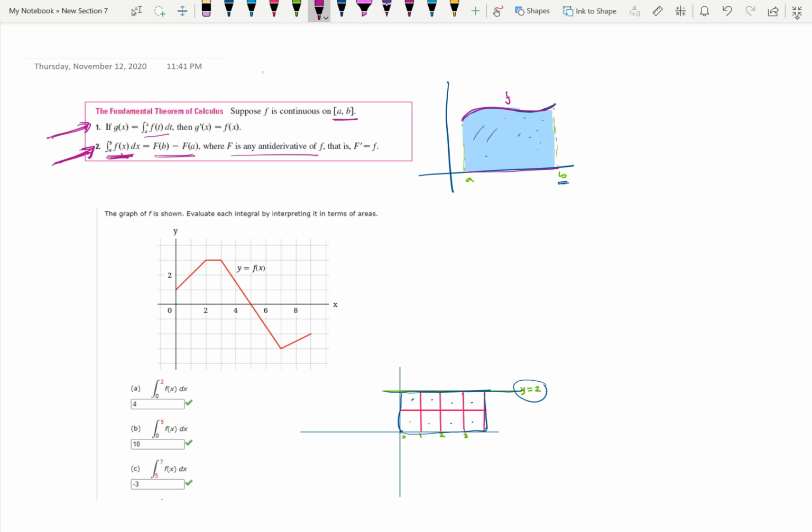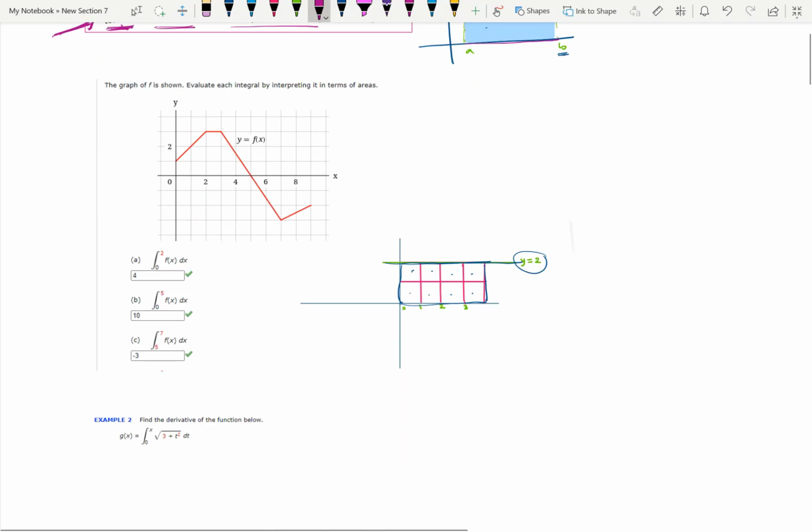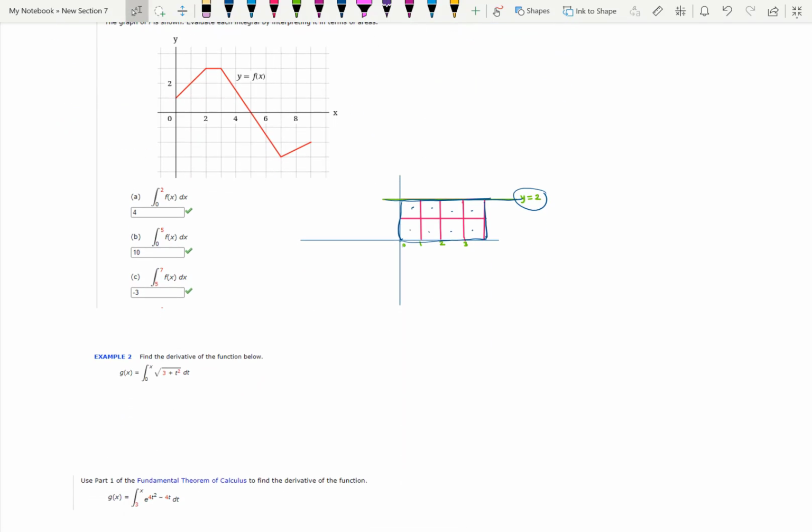For example, if we integrate from 0 to 4 of 2 dx, then it becomes 2 times the integration of 0 to 4 dx, and the integration of dx is just x, from 0 to 4.